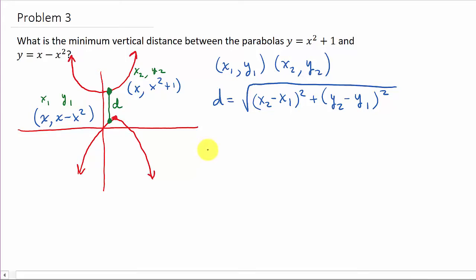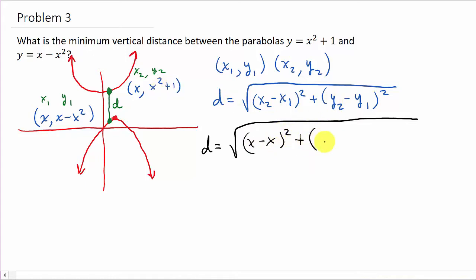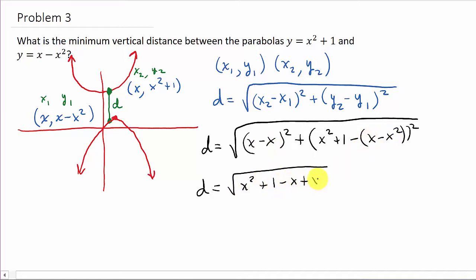Alright, so the distance is equal to the square root of x2 minus x1, so that's x minus x squared, plus y2, which is x squared plus 1 minus y1, which is x minus x squared, and don't forget to put that in parentheses, and then all that's squared. So the distance is equal to the square root. Now this just goes to 0, and I'm left with x squared plus 1, and then distribute the negative, minus x plus x squared. And all of that is squared.